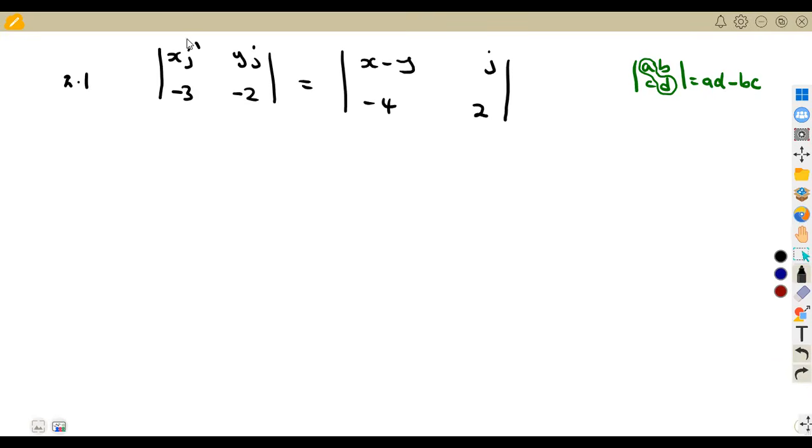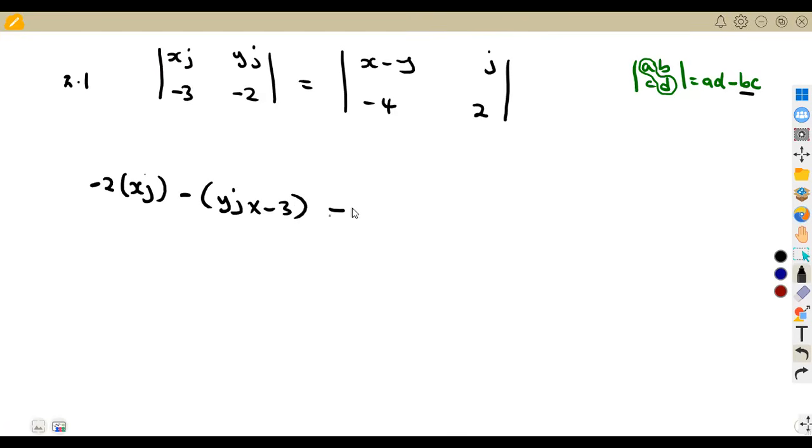So you're going to multiply these two in the major diagonal, which is going to be minus 2 times x times j, minus, you multiply these two, that is minus BC, which is yj and minus 3. That is yj times minus 3.